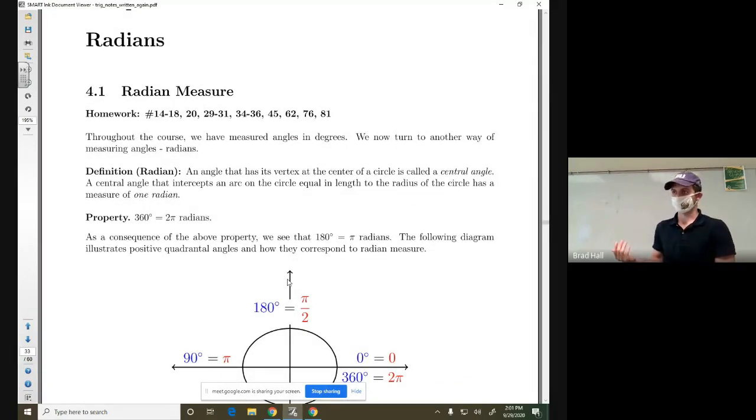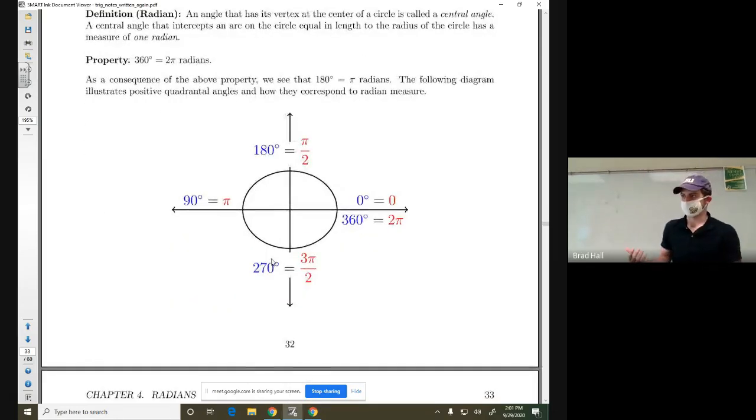One way we measured angles was in degrees, but quantitatively, degrees are not normally good at being applied to other values. We use radians as a way to partition various distances around the unit circle, as I have illustrated here.